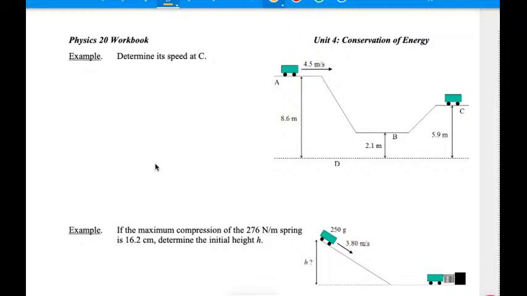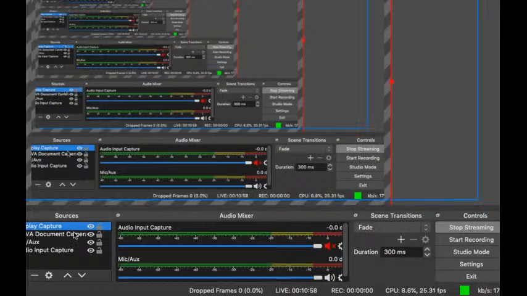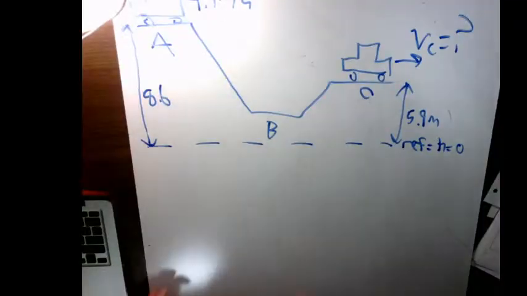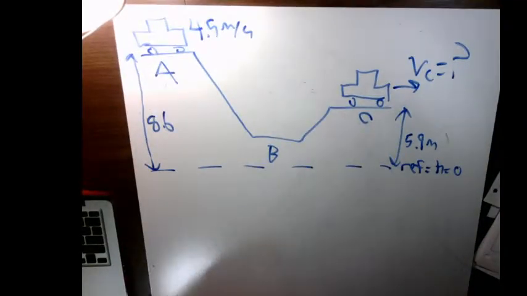And we got at C 5.9 meters of height above our reference height, which is that dotted line right at the bottom. And we want to find vC. Okay, so this is the setup we're working with.